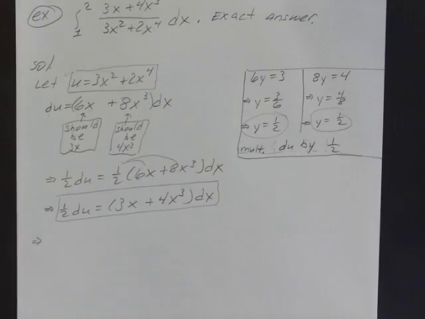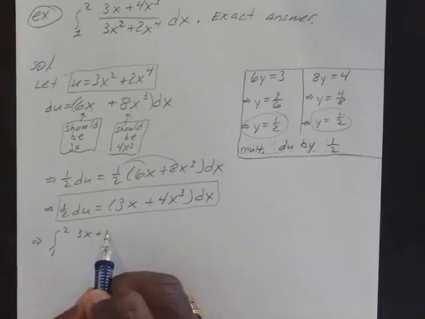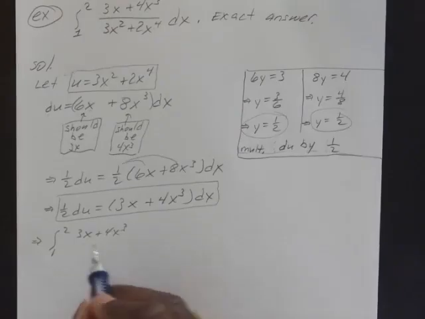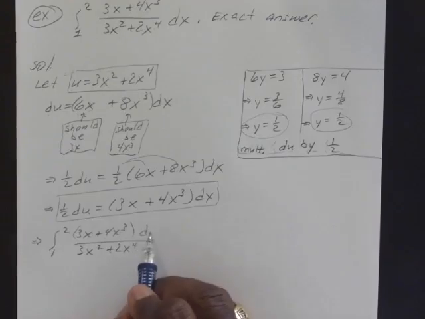Okay, so that means that we can take our integral from 1 to 2 of 3x plus 4x to the third power divided by 3x squared plus 2x to the fourth power. And again, that dx, I'm going to move it up top.